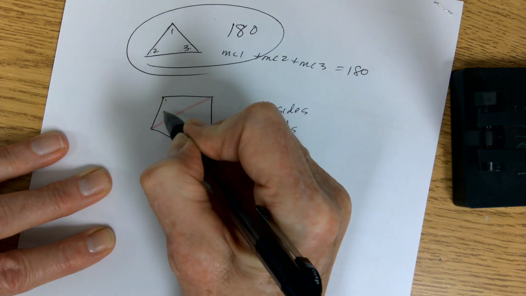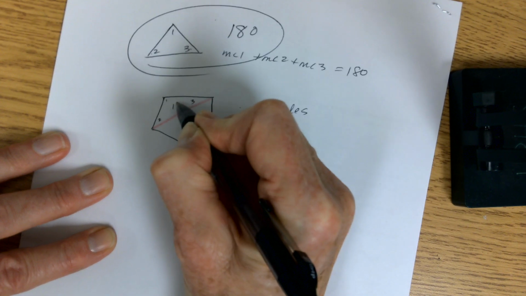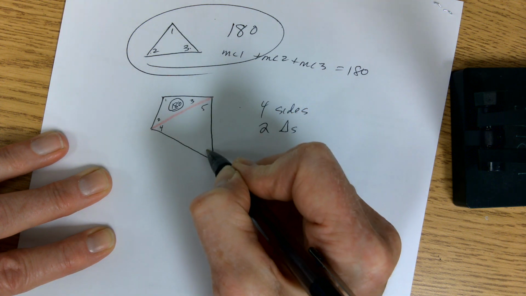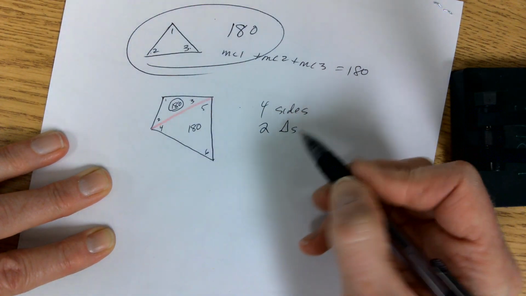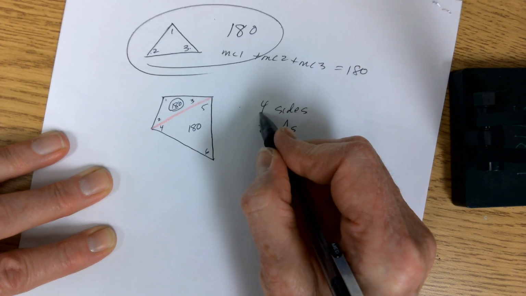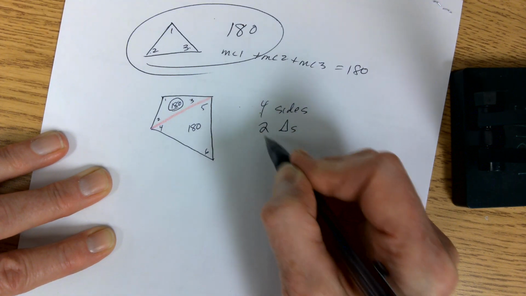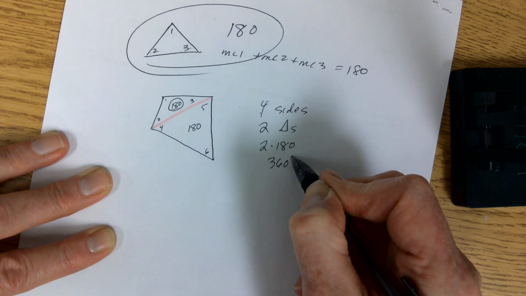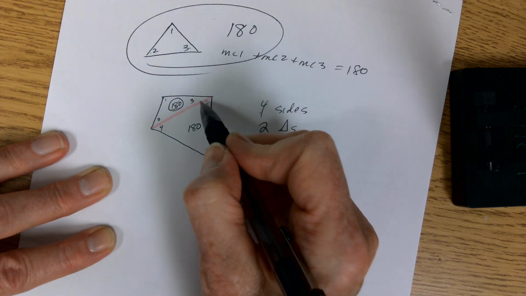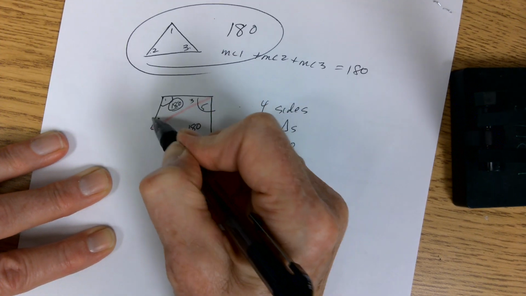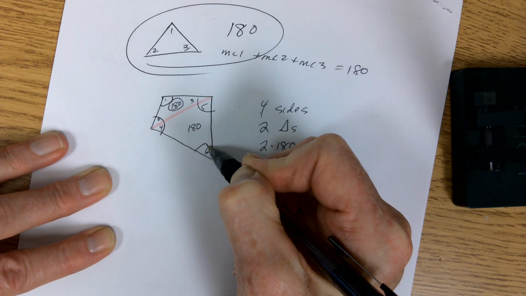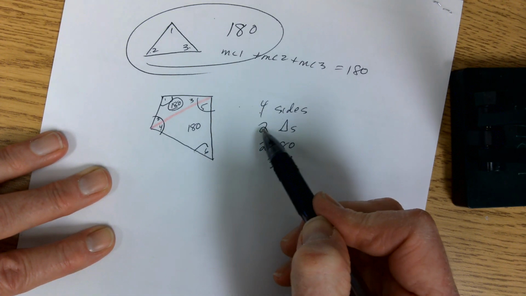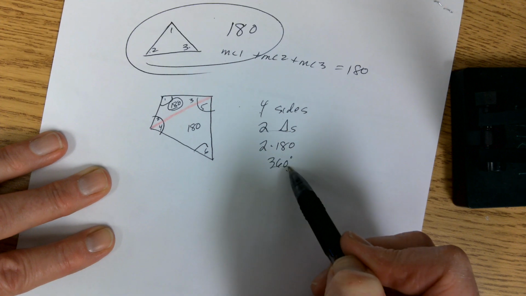I know the sum of these angles is 180. I know the sum of these angles, 180. So when I have two triangles, 2 times 180, my total is 360 degrees. That's for all the angles added together, right? Four sides, two triangles, 360.